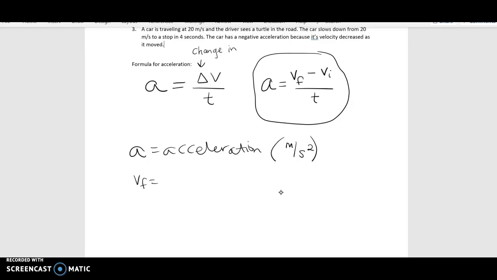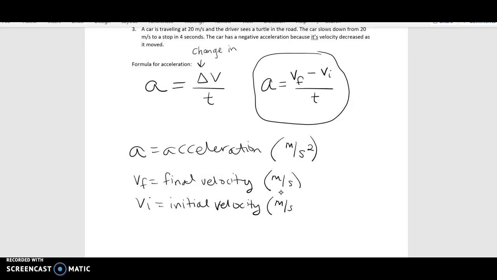VF is final velocity. Velocity is measured in meters per second. VI is initial velocity. We measure that also in meters per second. And then T is time, and we measure that in seconds. Okay, so that's your formula.